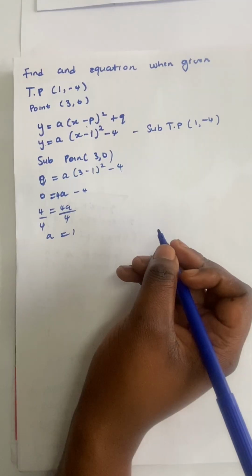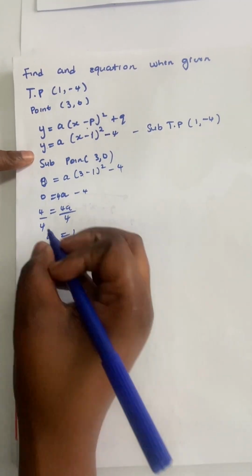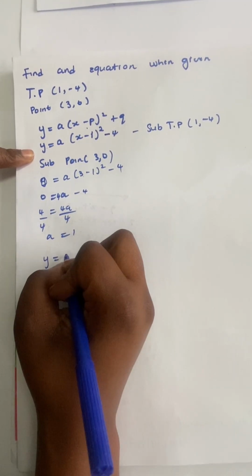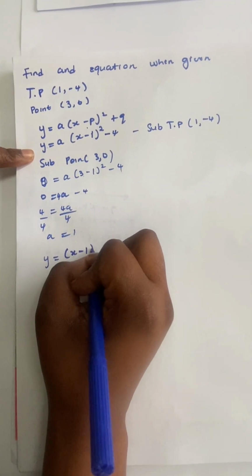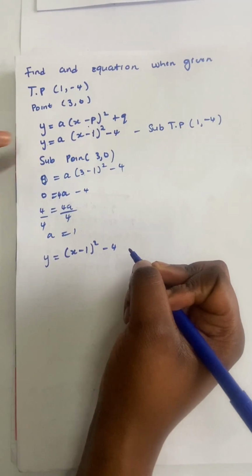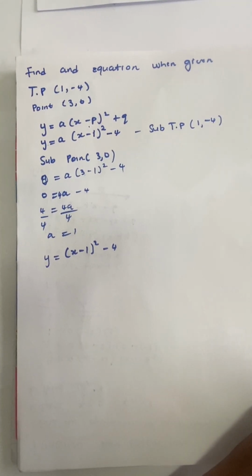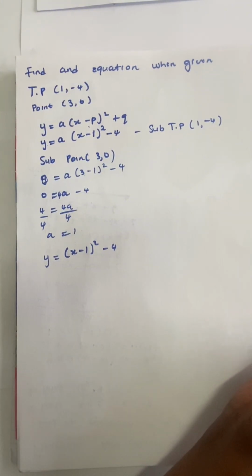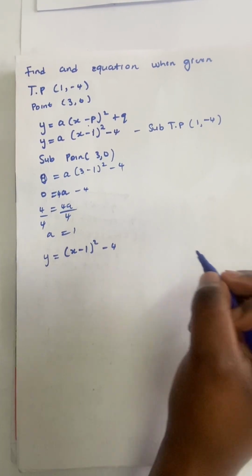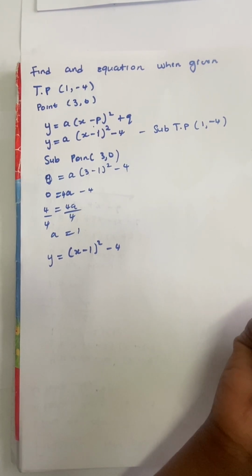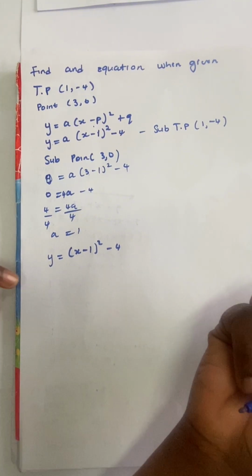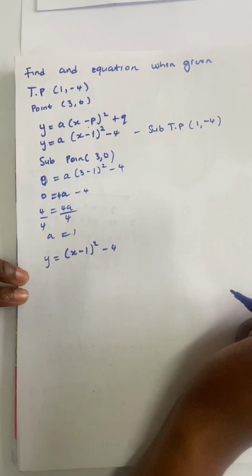So you come back to your equation and replace the value of a. It's going to be y is equal to 1 into x minus 1 squared minus 4. And guess what? You already got your equation in vertex form. What if you want this equation to be in quadratic form? Then you expand.